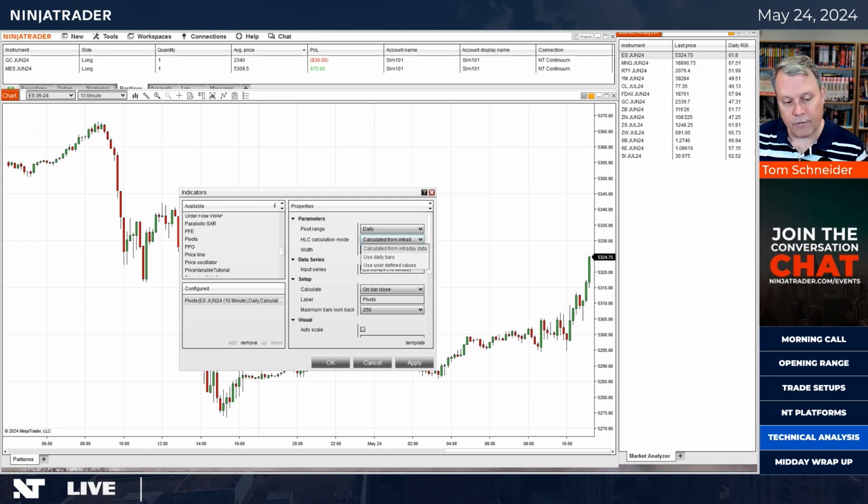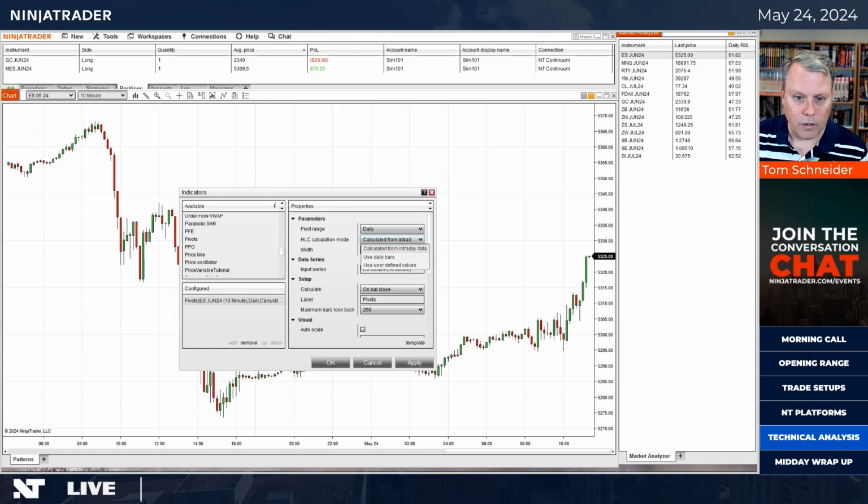It does matter in the futures because daily bars can be constructed from a settlement price, not the last price traded, which is key to pivots. We need to know what that last price traded is. So I change, if it's not already set there, I make sure it says calculated from intraday data.